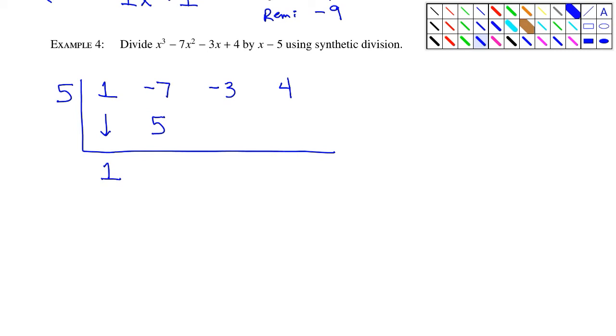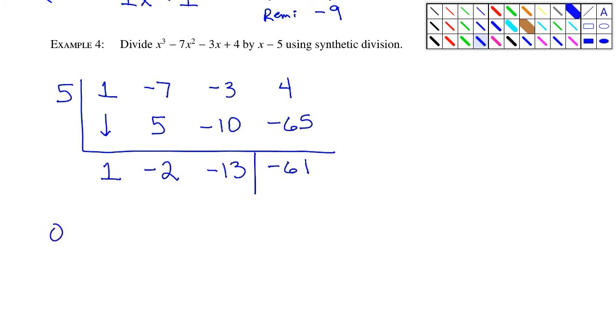Add. Negative 7 plus 5 is negative 2. 5 times negative 2 is negative 10. Add. Negative 3 minus 10 is negative 13. Multiply 5 times negative 13 is negative 65. And 4 minus 65 is negative 61.